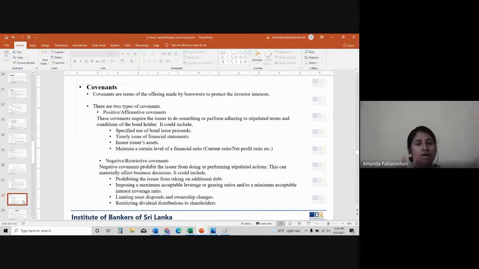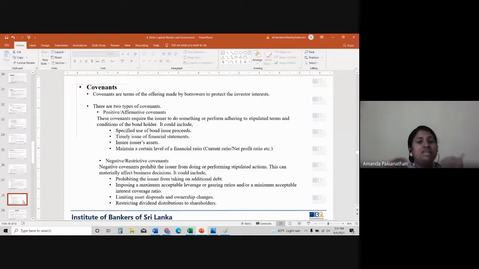So what can the investors do as a lender to the company? They could come into an agreement with the issuer. They would say, look here, due to these risks, we would prefer to impose some covenants on you. Now, remember, covenants come in if the risk of that issuing company is very high. If the company is an excellent company with a very good track record, then imposition of a covenant is very rare.